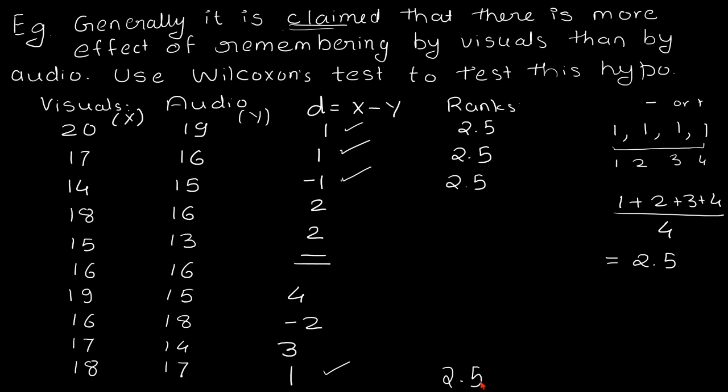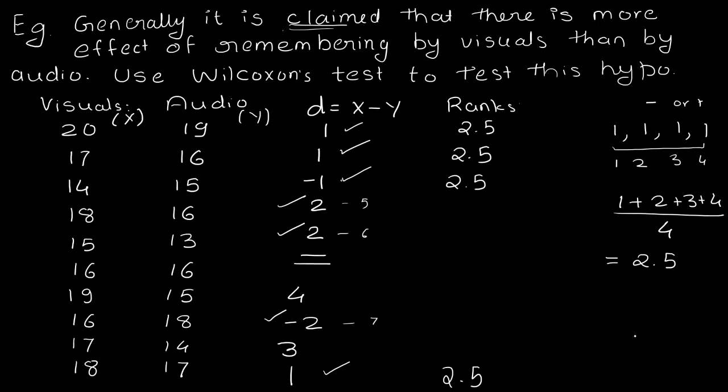Now after these ones have been allotted, the next is 2. So this 2 and this 2, and this minus 2 will also be considered. So basically there are three twos with me. Now what will be the ranks of them? Four ranks have been allotted already, so their ranks are 5, 6 and 7.